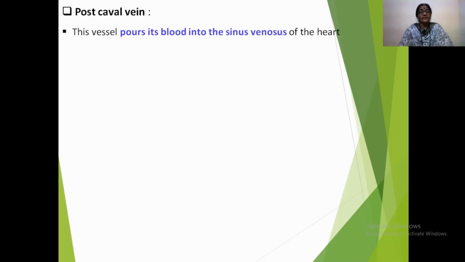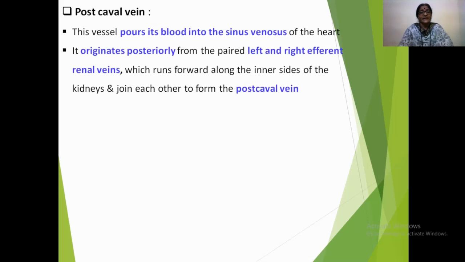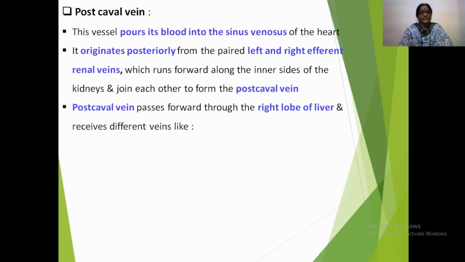The postcaval vein is the larger vein which pours its blood into the sinus venosus of the heart from the lower side. It arises posteriorly from the paired left and right efferent renal veins, which run forward along the inner sides of their respective kidney and join each other to form the postcaval vein.